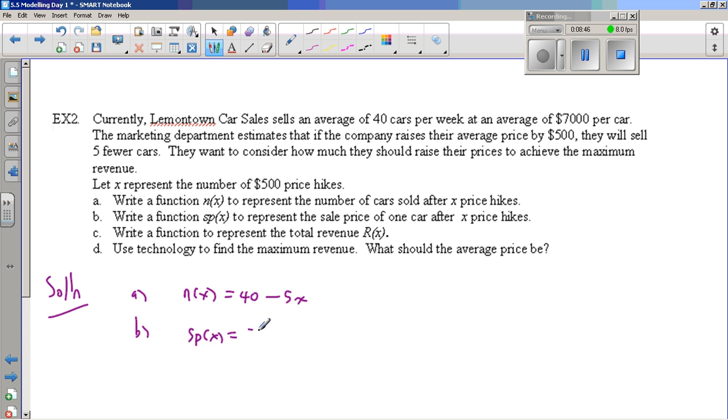So $70,000, but we're going to raise the price $500 per price hike. Leave it alone, we get 0 price hikes, and that's 70,000. One price hike is 70,500, and so on. Okay, dandy. Check. C. Write a function to represent the revenue.